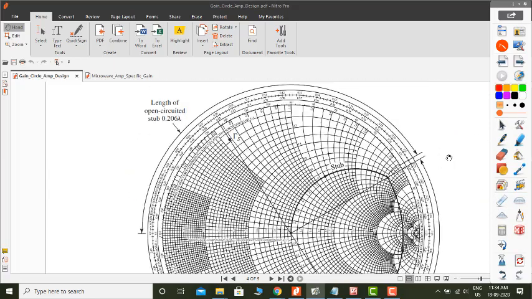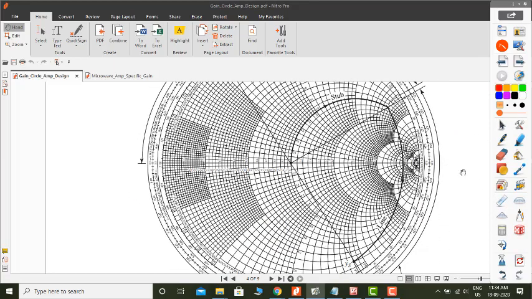For that, you draw a straight line from the center of the Smith chart passing through this arbitrary point where you left the contour.